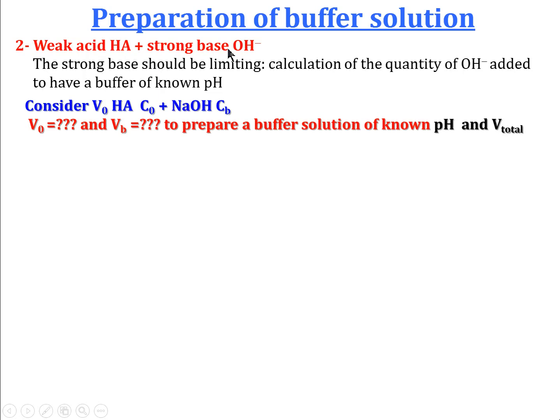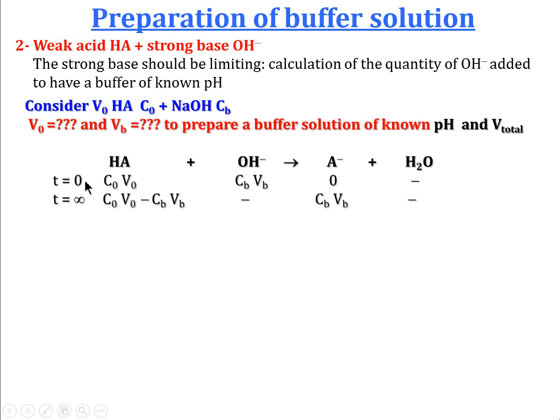So what would happen when HA is added to OH-? We will have a complete, quantitative reaction: HA plus OH- gives A- plus H2O. At t equals 0, the initial number of moles of HA equals C0 V0. The initial number of moles of the base equals Cb times Vb added. A- at t equals 0 is equal to 0.